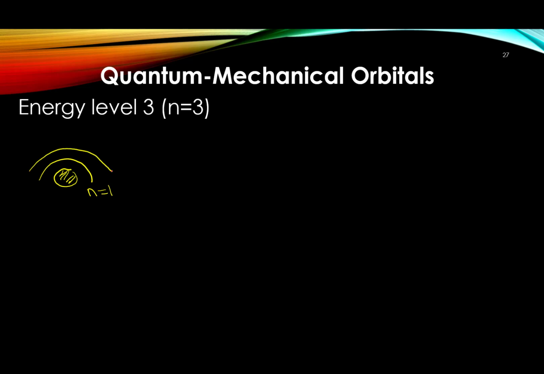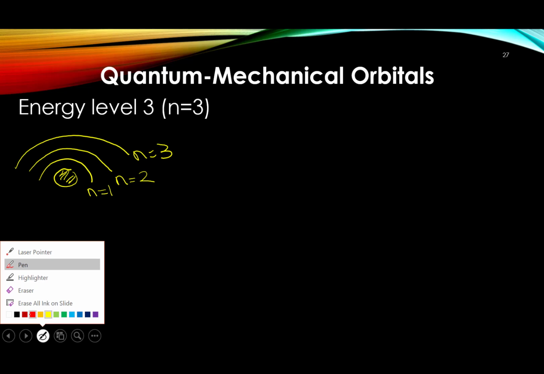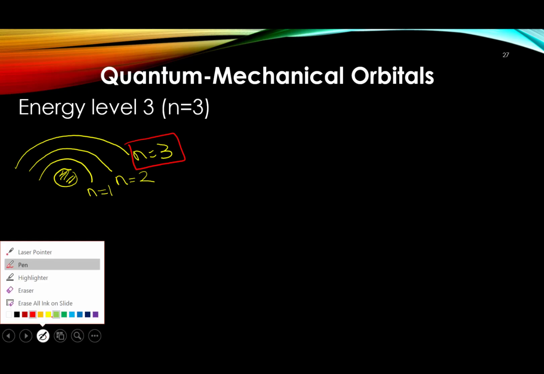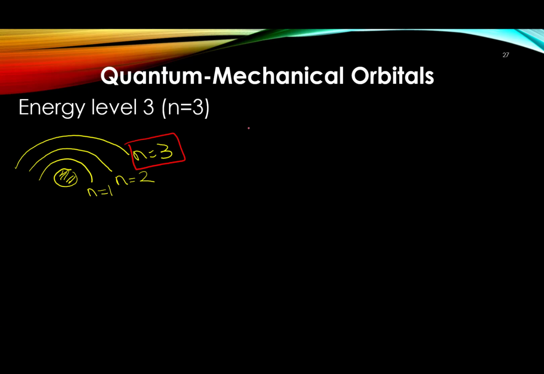And 1 and 2 and 3. And now I want to talk about energy level 3. In energy level 3, we have s, p, and d orbitals.